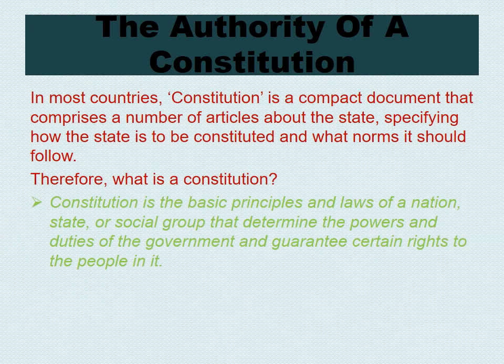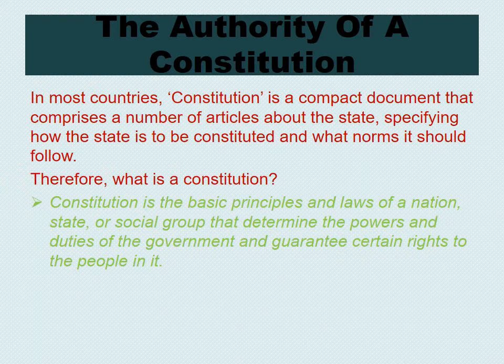In most countries, the constitution is a compact document that comprises a number of articles about the state, specifying how the state is to be constituted and what norms it should follow. When we ask for the constitution of a country, we are usually referring to this document.